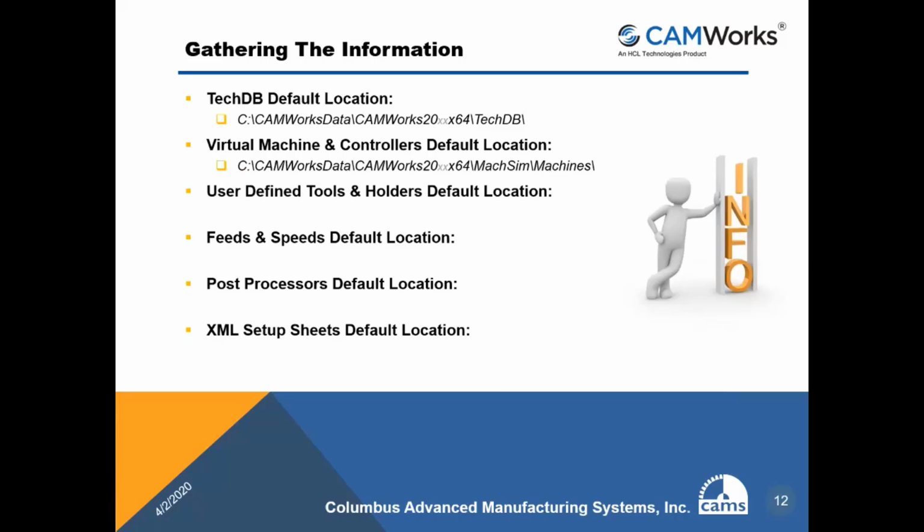And then virtual machines are in the CAMWorks 20 x64 machine sim folder and different machines. User-defined tools and holders have a default location in the CAMWorks data, CAMWorks folder and /tooling. CAMWorks does ship with different tooling by default for the user-defined tools. Some people save their tools in that same folder. I typically don't recommend that, but people do. I like to put them elsewhere because if you uninstall that folder, you could lose them.